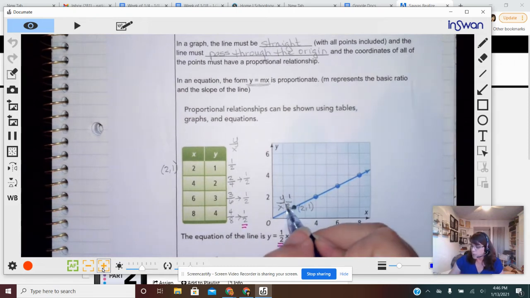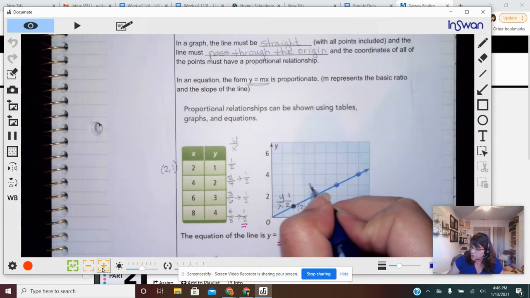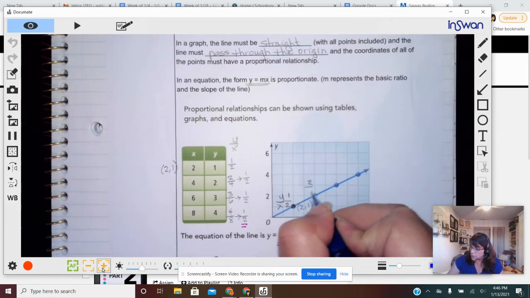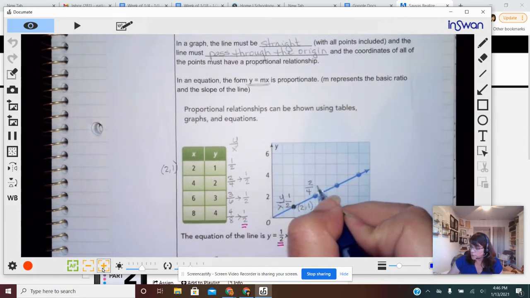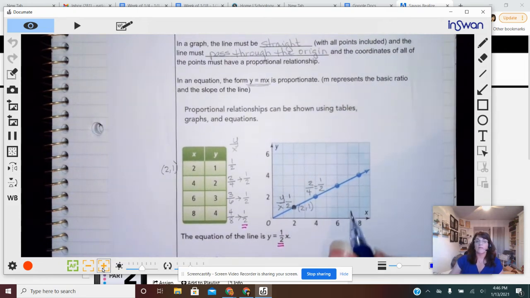So that's its proportion. This one moved up 2 and over 4, which is equal to 1/2. And we could keep going.